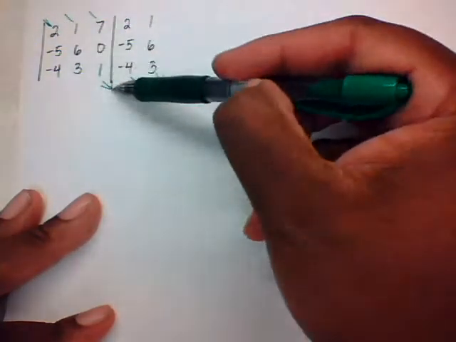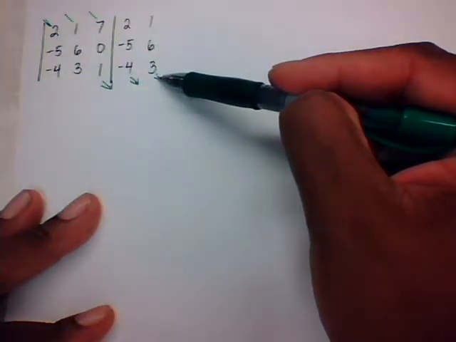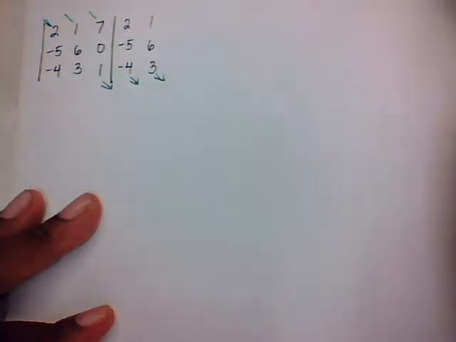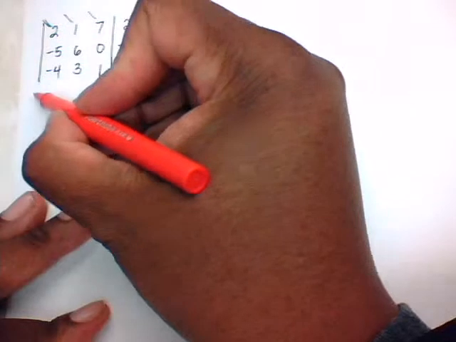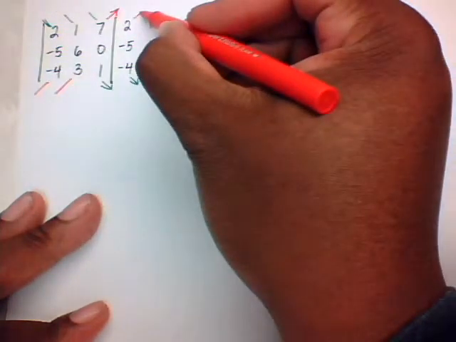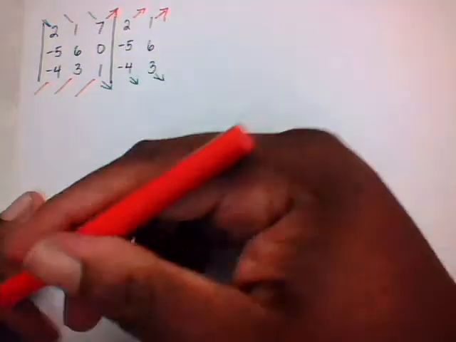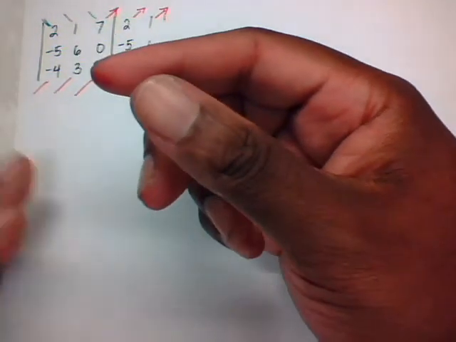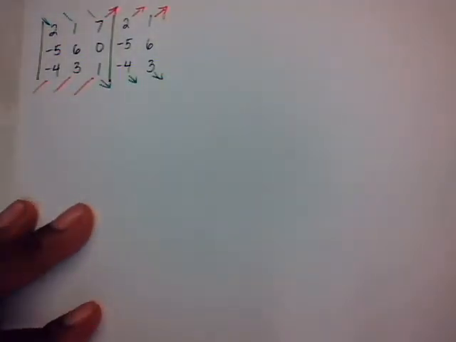Notice I'm going to take these three diagonals and add them together. Then whatever that is, I'm going to subtract from it the sum of the products of these three diagonals going this way. You'll see what I mean when I do this.